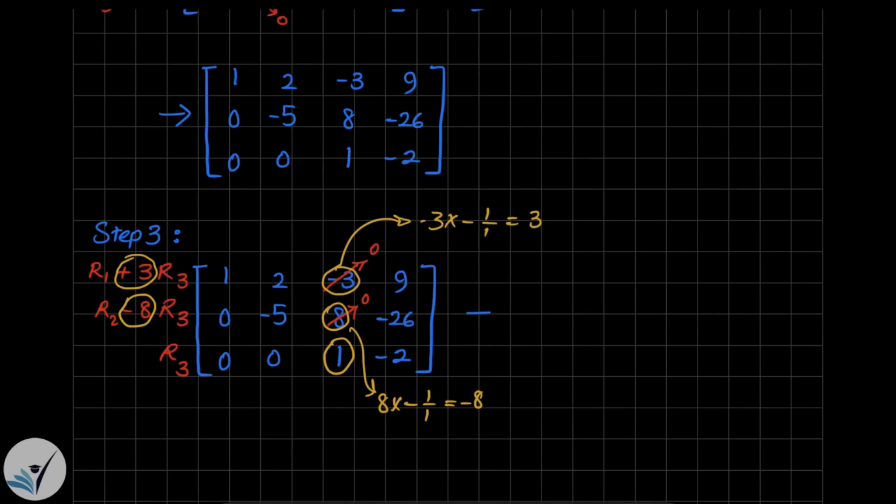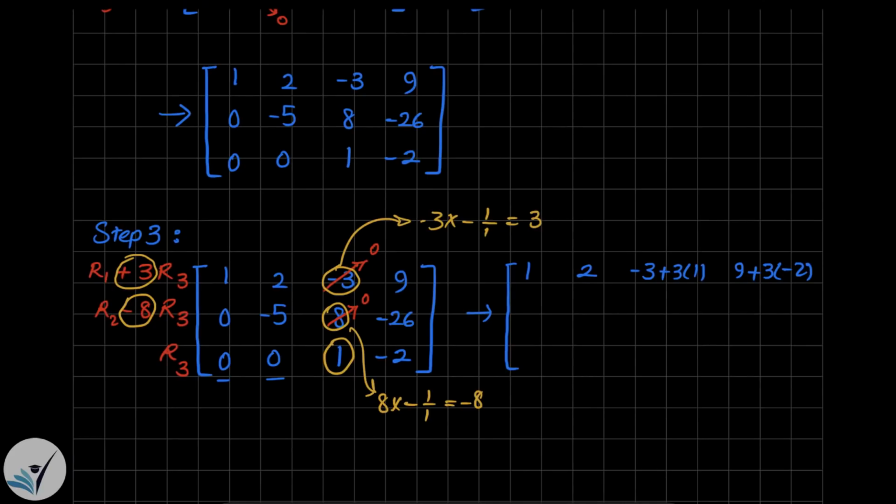Let's go ahead and apply these operations on the first and second row. So the first entry is 1, the second entry is 2. These two remain unchanged because we have 0 and 0 here. And then the third entry would be negative 3 plus 3 times 1. And the last entry on the first row would be 9 plus 3 times negative 2.